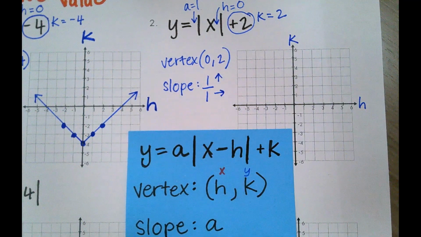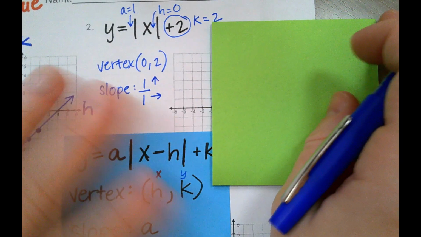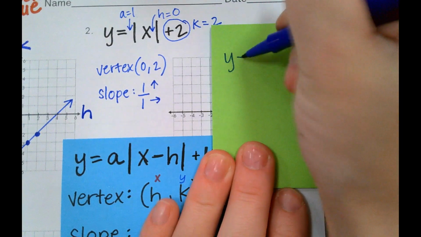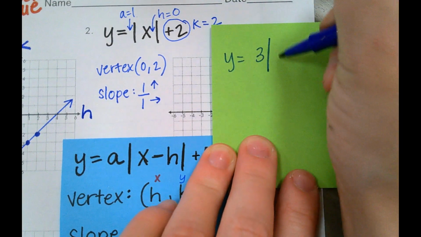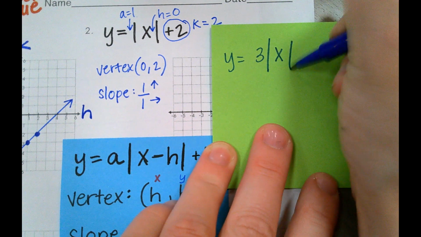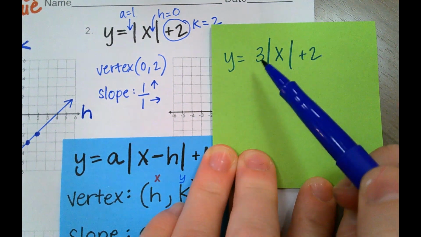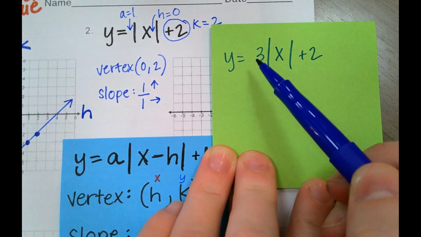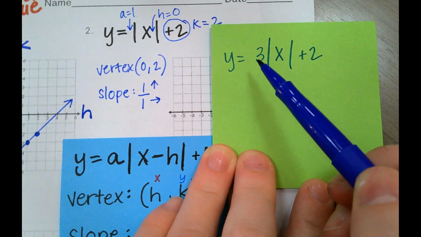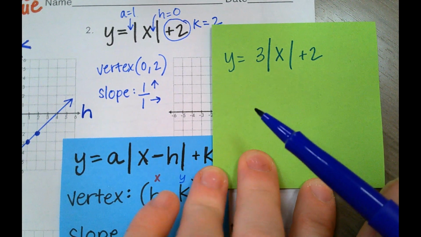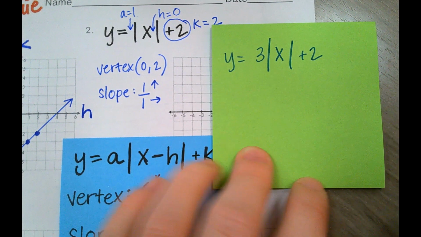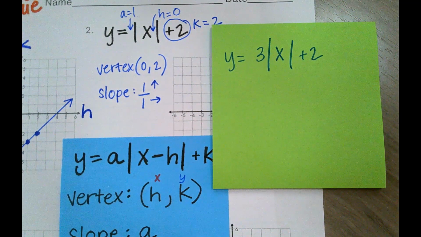If I have a problem where, let's say it was y equals 3 absolute value of x plus 2, now my A is 3, or 3 over 1. So it'll be up 3 over 1. That's the only thing different. You just don't go up 1 over 1, you go up 3 over 1.